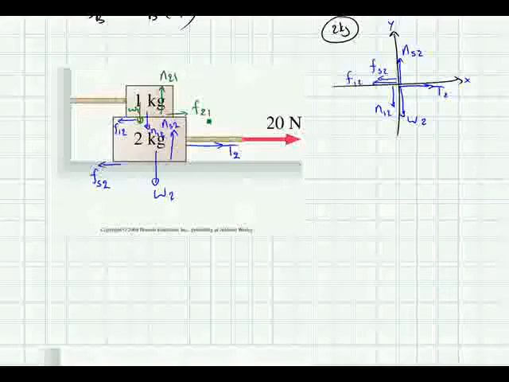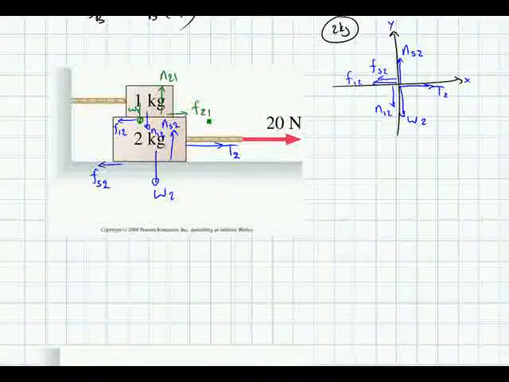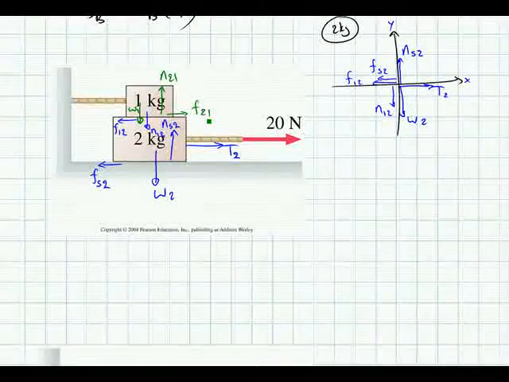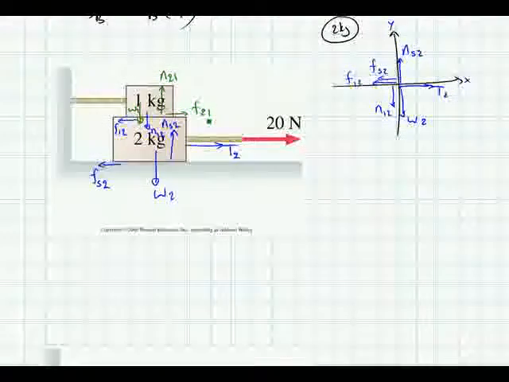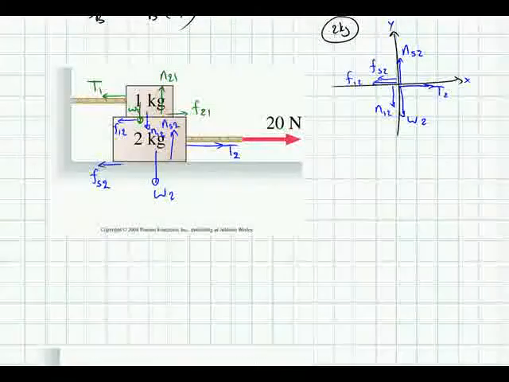That's the friction force of 2 on 1, because if the 2 kilogram bottom object were to move to the right, that's as if our 1 kilogram object is moving to the left, therefore its friction force is going to be pointing in the opposite direction, that is to the right. And finally we have a tension on the 1 kilogram object right there.